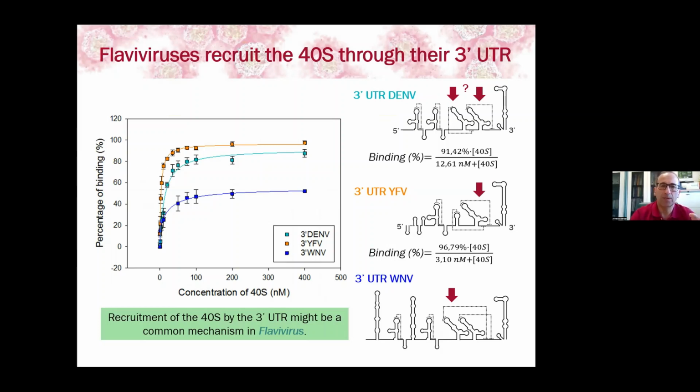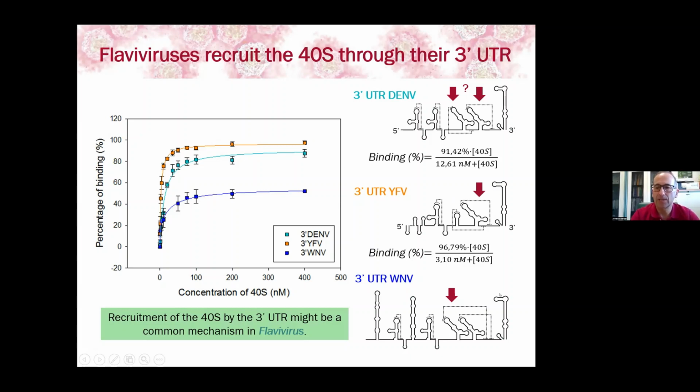Finally, we tested whether this is a general mechanism of regulation of translation in all flaviviruses. For this purpose, we tested the ability of the 3' UTR of other flaviviruses, in this case dengue virus and yellow fever virus, to recruit also the 40S subunit. As you can see in this figure, both of them are able to recruit the 40S subunit in a more efficient way than the West Nile virus, which is this one.